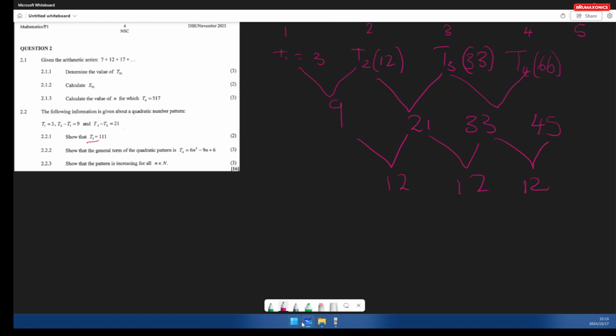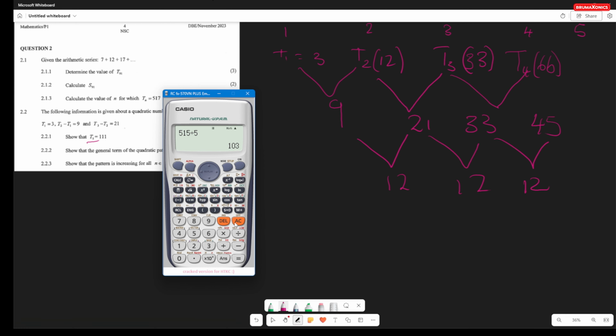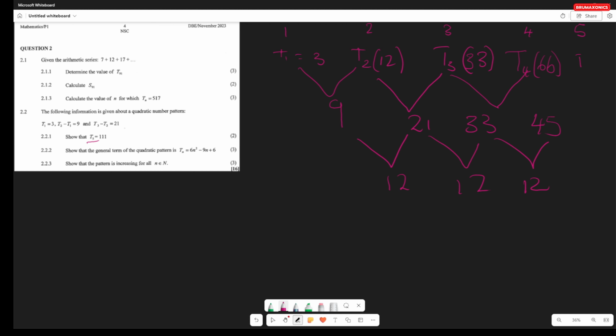Let me check. Then that will be 45 plus 66, and then boom, that's how we can show that our T5 is equal to 111.